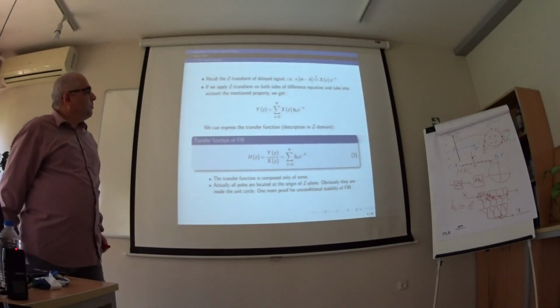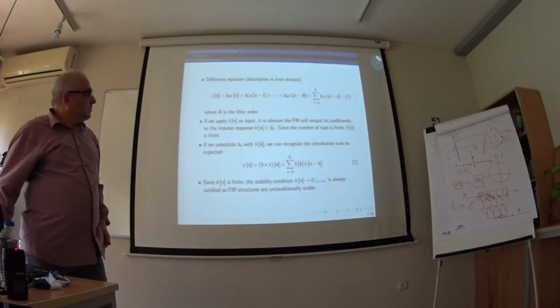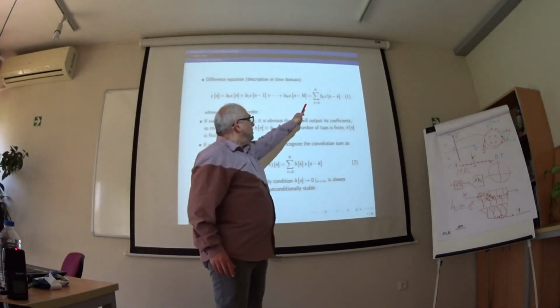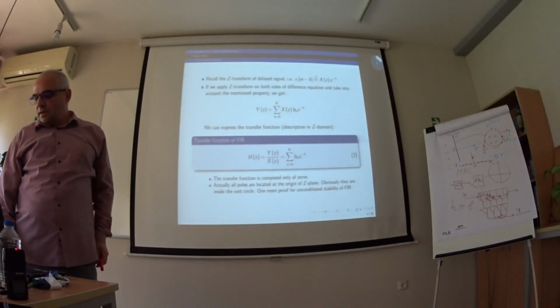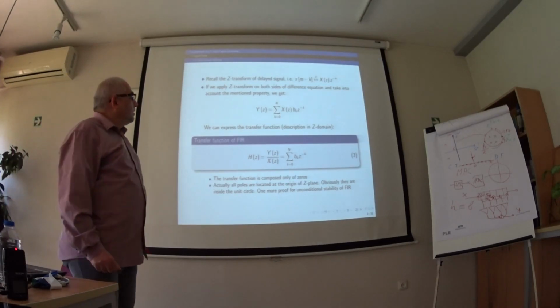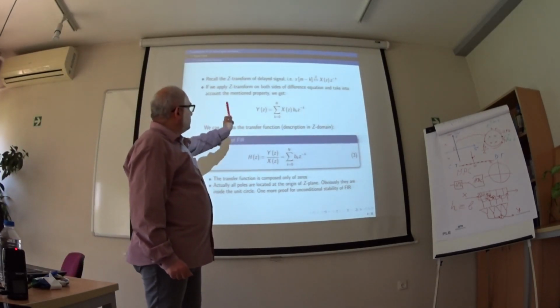We can apply the Z transform on this difference equation, and we can find the transfer function. Here is the transfer function. We apply the Z transform on both sides.